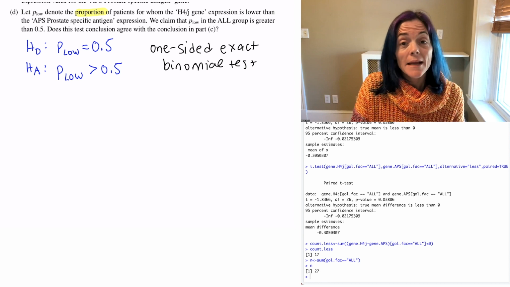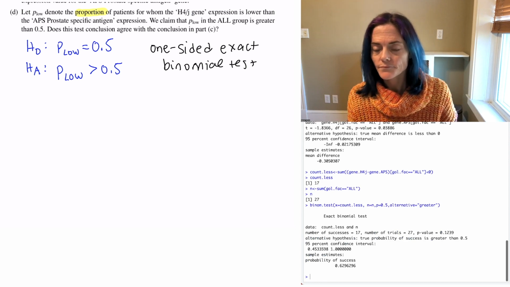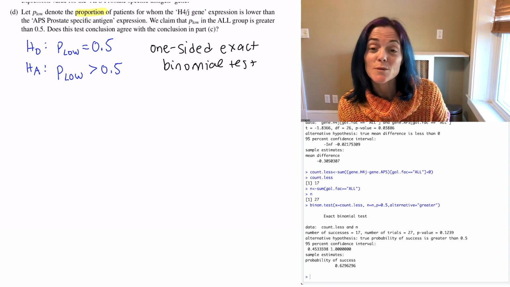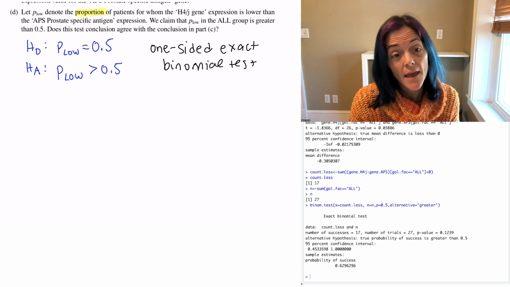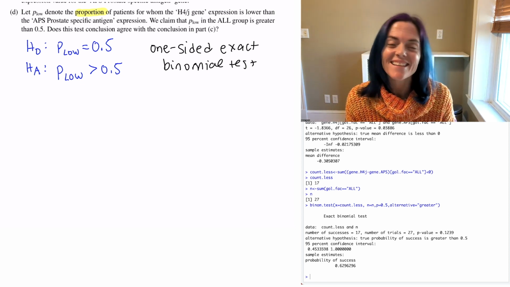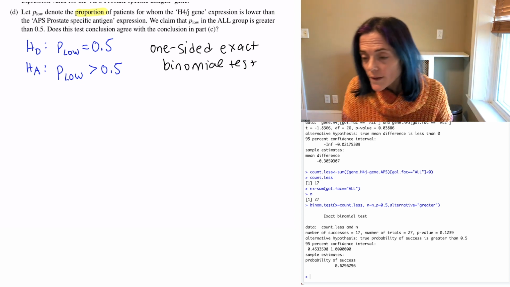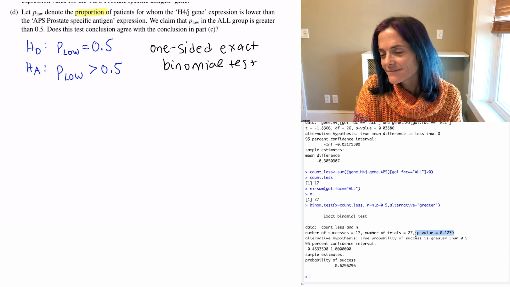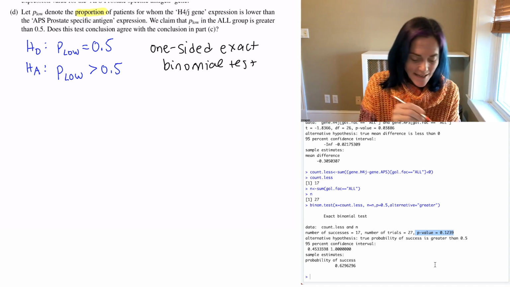Then we conduct the binomial test. We use P equals 0.5. That came from the null hypothesis, and the alternative greater than 0.5. Okay, here's our p-value. Let's write it down.